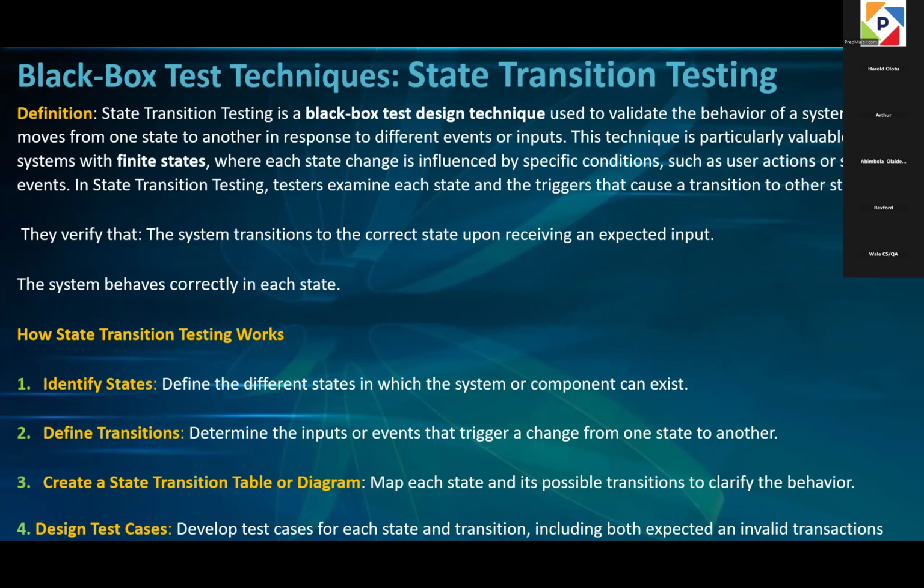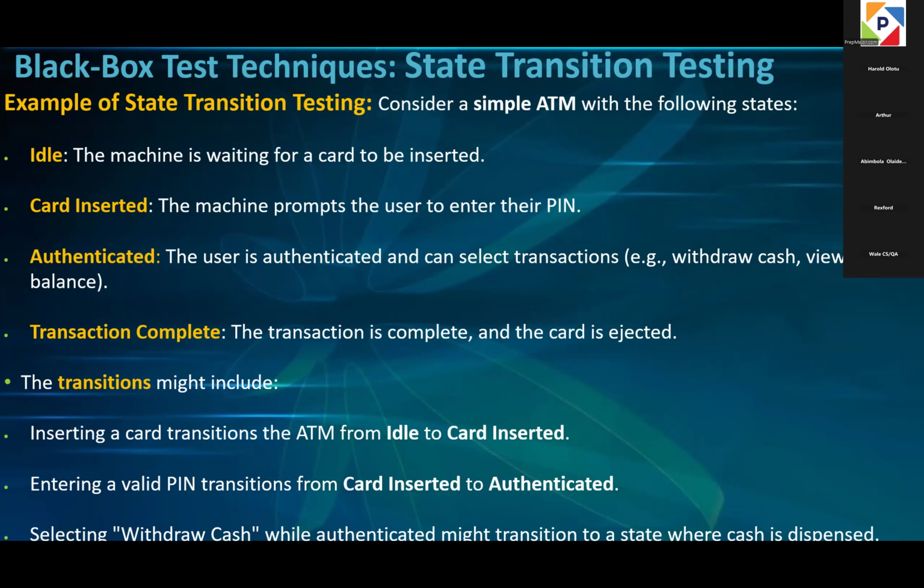What does it do? It comes up with different functions for us to make a defined decision, okay? Then, for example, this particular page will give us a vivid scenario of how state transition testing occurs.